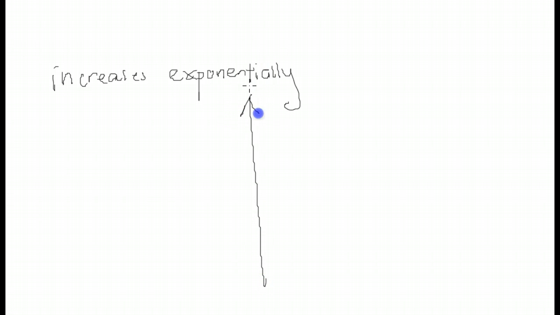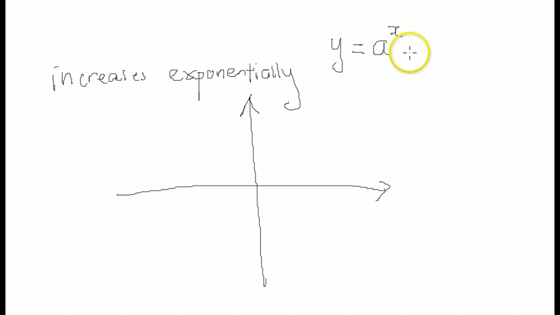When we say that something increases exponentially, it increases extremely fast. An exponential graph is in the form y equals a to the power of x, where a again is a positive real number.